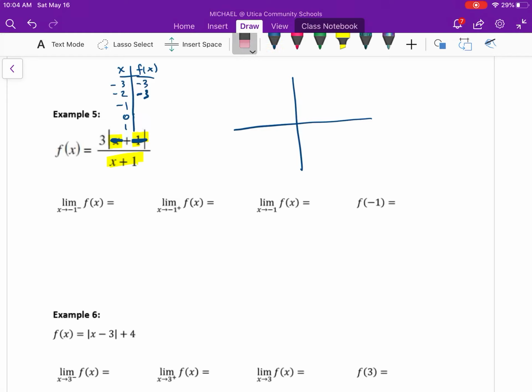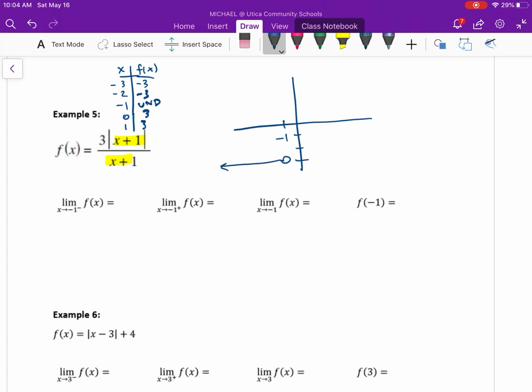When I plug in negative 1 itself, I get zero divided by 0, which is a hole, which means it's undefined. And then everything on past that, both of these are going to be positive, so that's just going to be 1, and 1 times 3 is always going to give me 3. So again, negative 1 is my break value.